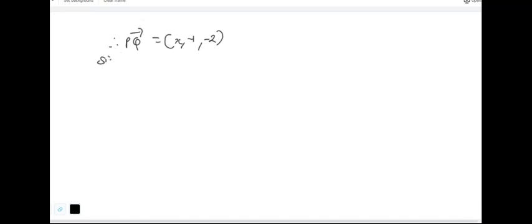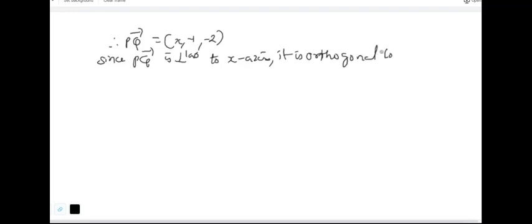Since PQ is perpendicular to the x-axis, it is orthogonal to the direction vector (1, 0, 0) of the x-axis.